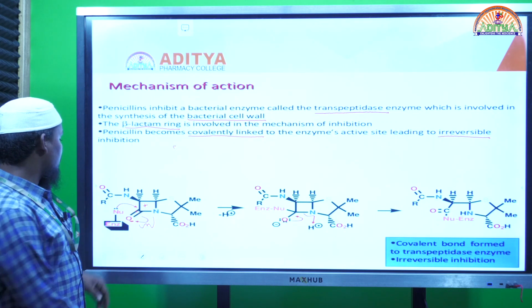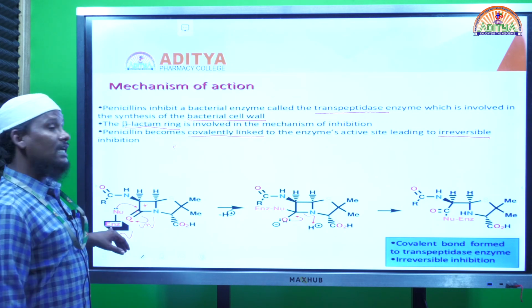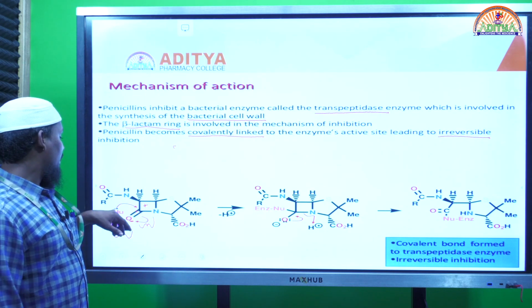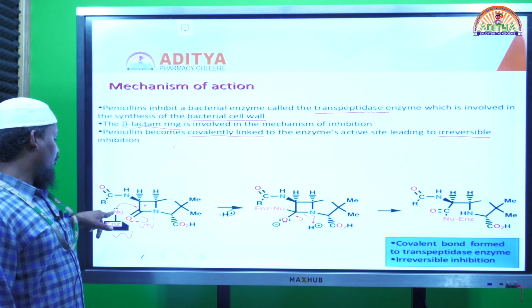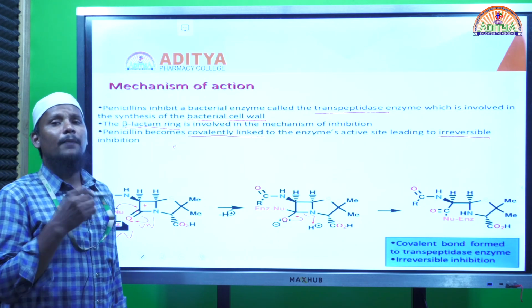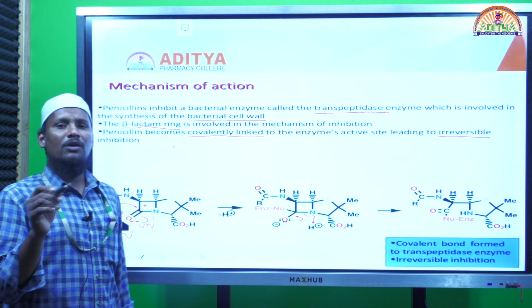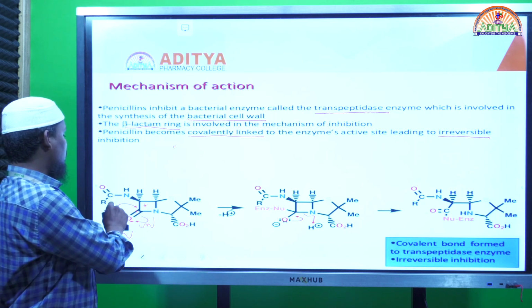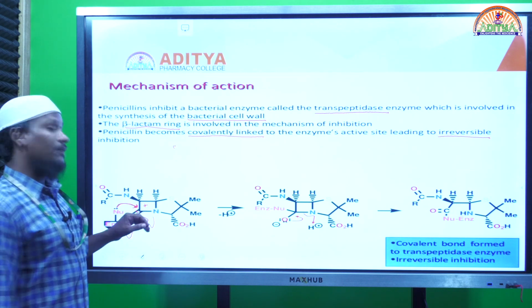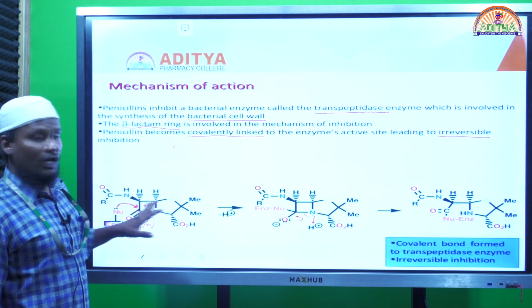Okay. Now this one is the enzyme, transpeptidase, a bacterial enzyme. The enzyme contains nucleophiles. Nucleophiles means they are electron rich, able to donate electrons, and they can form covalent bonds. So the nucleophile donates electrons to the electron deficient carbocation and forms a covalent bond.